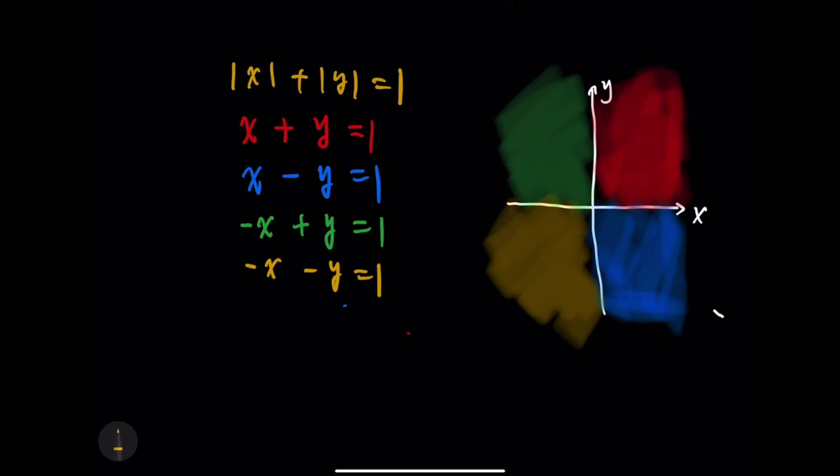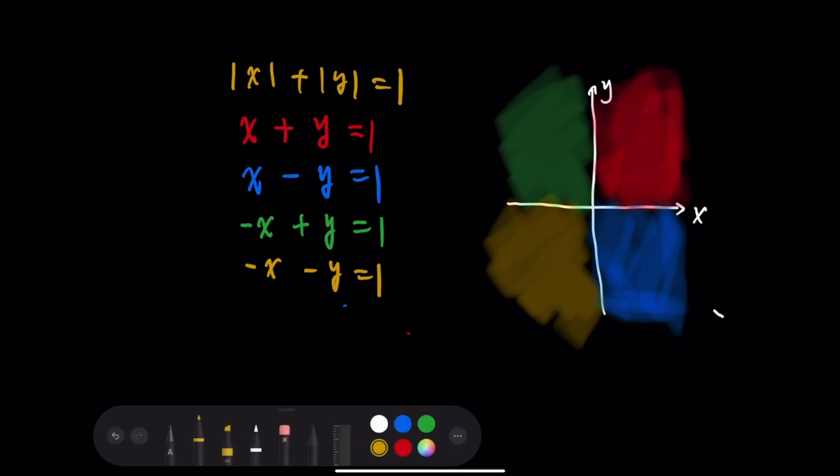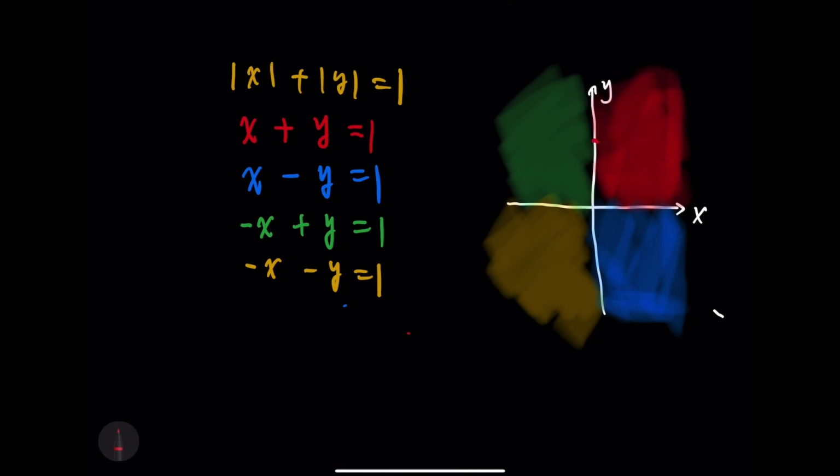So I'm going to draw all these 4 pieces on the number plane. First one is the red. X plus y equals 1. Both x and y intercepts are 1 and 1. So it's going to be this, only in the red section. And the blue section, the x-intercept would be 1, the y-intercept would be -1.